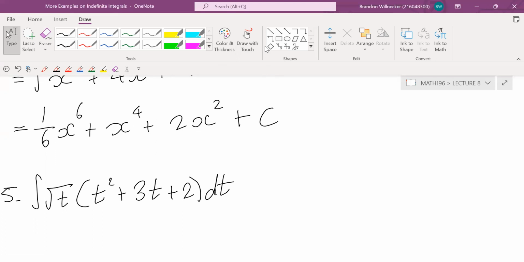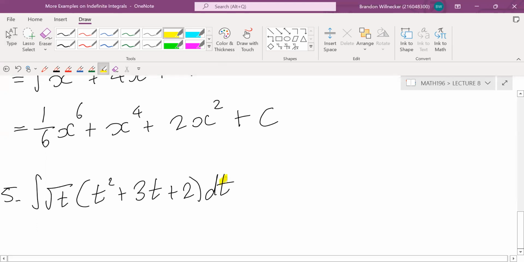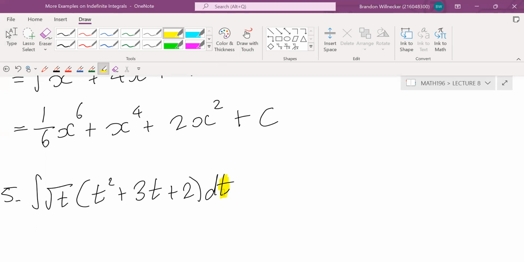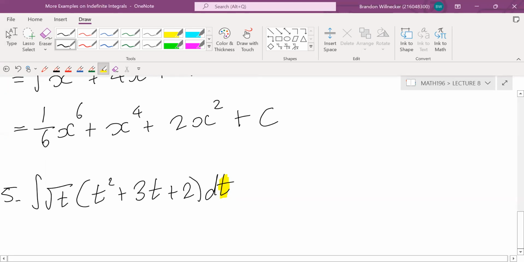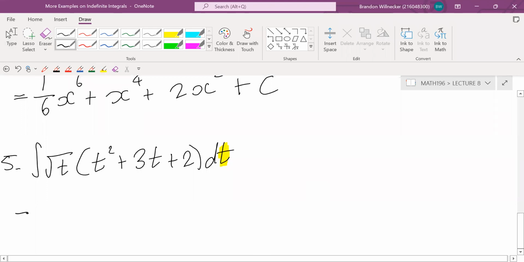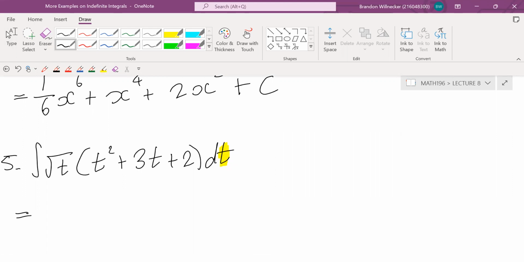Here we've just replaced x with t, but we are integrating with respect to t, so we just do it as normal. It just looks different. Here again, it looks a bit complicated, but we just have to expand it out, and then we will get a nice sum with powers.